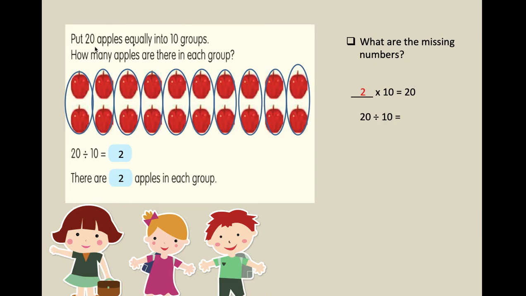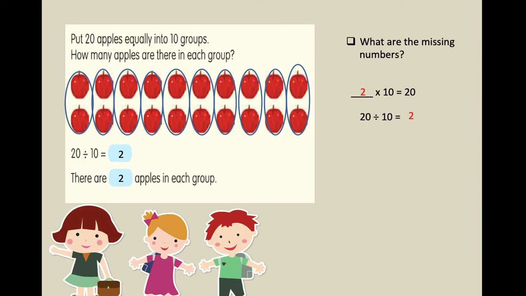And now let's go to the division. We are sharing, we just saw how we share the apples, 20 apples into 10 groups. So each group will have how many apples? Well done. So each group will have 1 and 2.